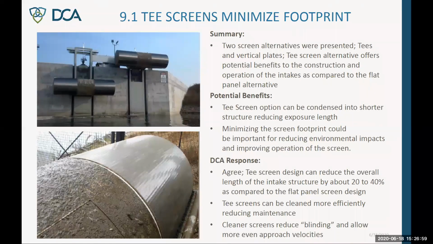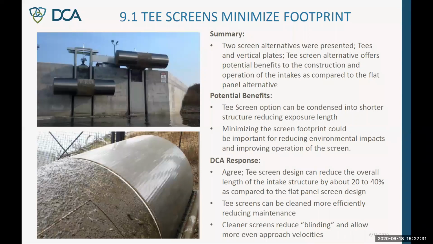So our response to this one is we absolutely agree. The T-screen design can reduce the overall length of the intake structures. Depending on the site we're looking at, the T's themselves take us 20 to 40% shorter in screen length compared to the flat panels. And the proof is out there, where they're used, that they can be cleaned more efficiently, which reduces the frequency with which they need to be manually maintained.